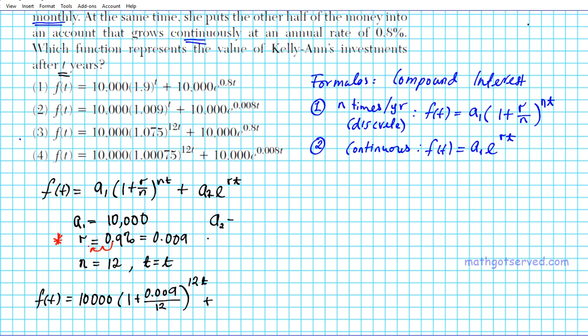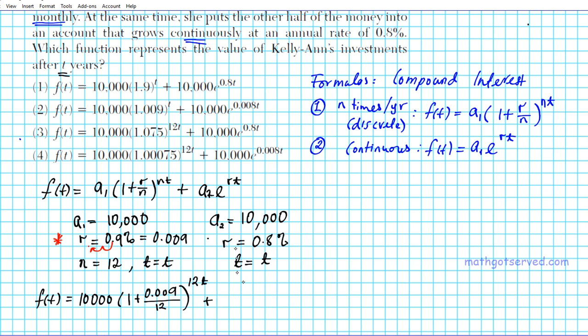Okay? All right, now for the second account, we're going to add that on. She put the other 10,000, the other half, in here. All right? So for this one, all we need is the rate. The rate is 0.8%. The time is just t, because we're looking for her balance after t years.